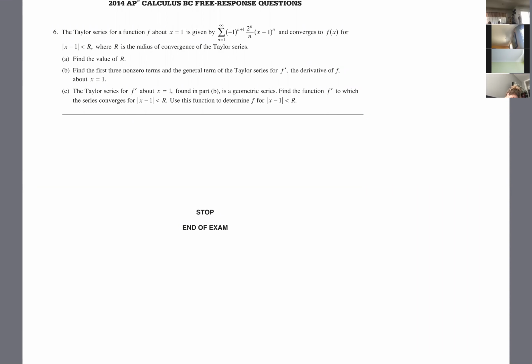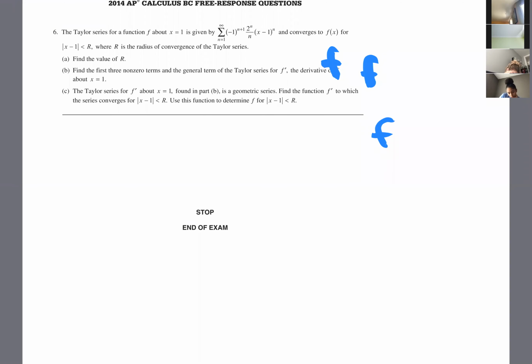I have to figure out how to change my settings. Why is it so thick? Does that work? No. Try that.